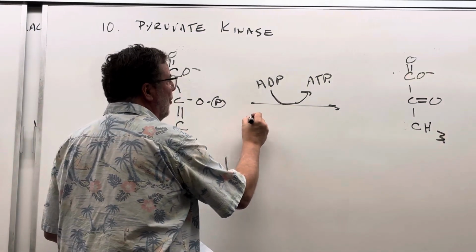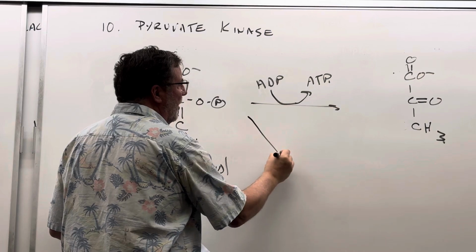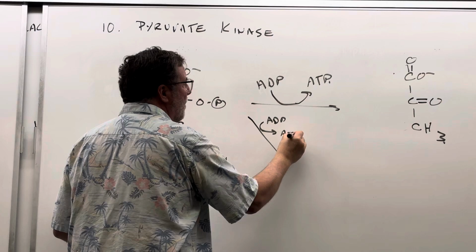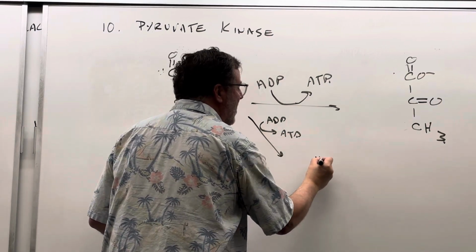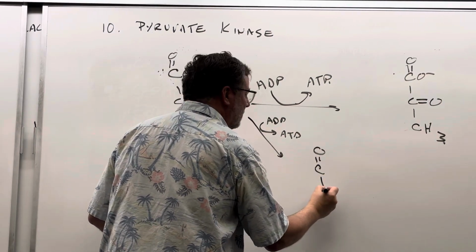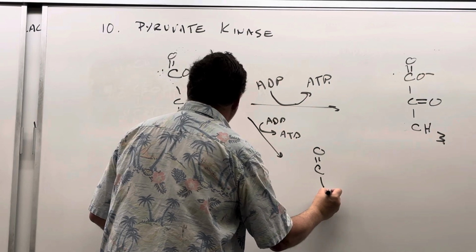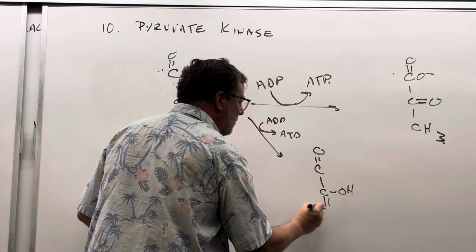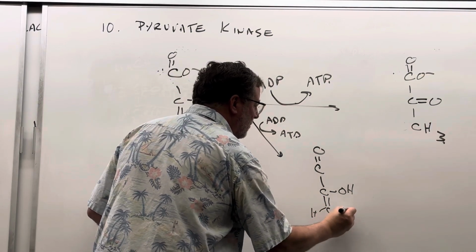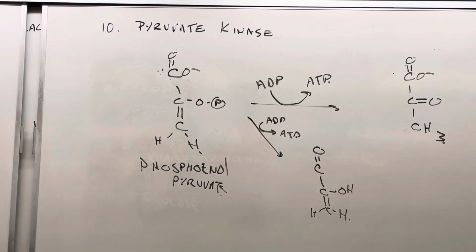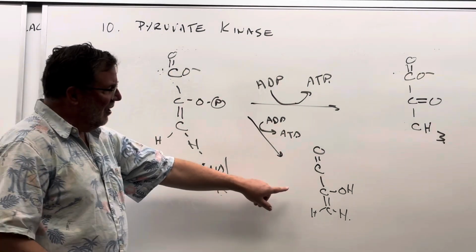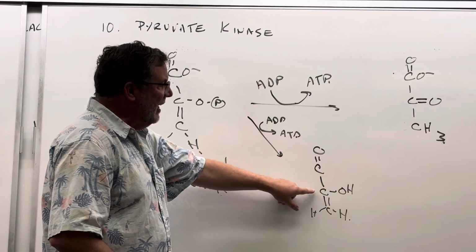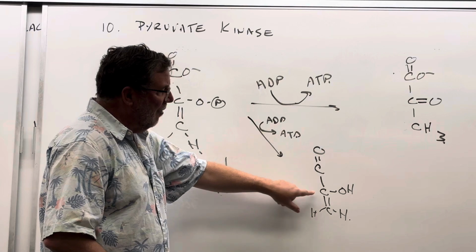What you end up doing is there's an intermediate here, and so you first get the transfer of the phosphate, and then you get this. So this is going to be enol pyruvate here, enol pyruvate.